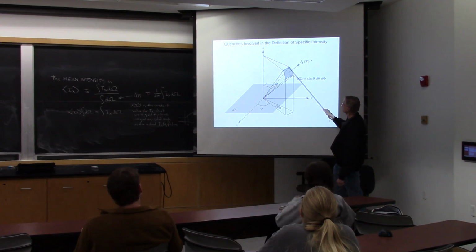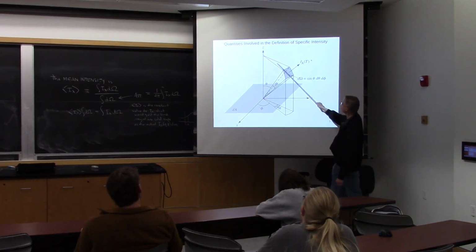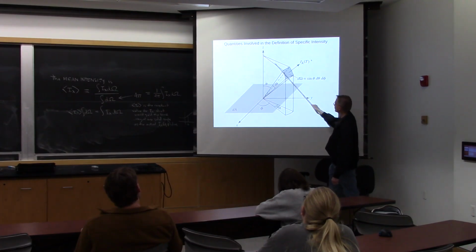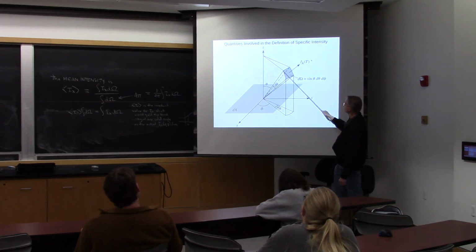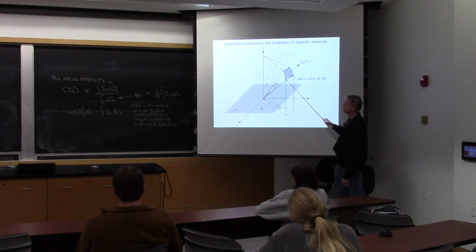So we turn through an angle d phi as part of a circle of radius r sine theta, and this distance is r sine theta d phi. So the whole area of the rectangular patch is r sine theta d phi times r d theta, in other words, r squared sine theta d phi.